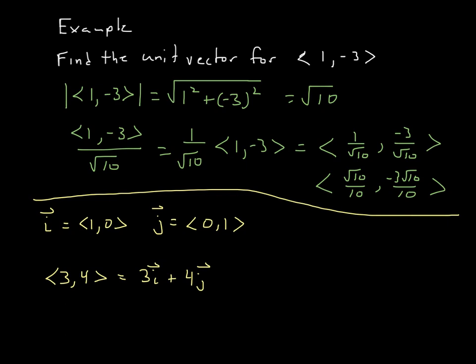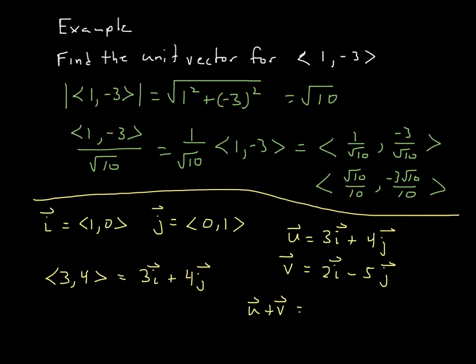So if I say vector u is equal to 3i plus 4j, and vector v is equal to 2i minus 5j, we can take u plus v by really just combining the like terms.